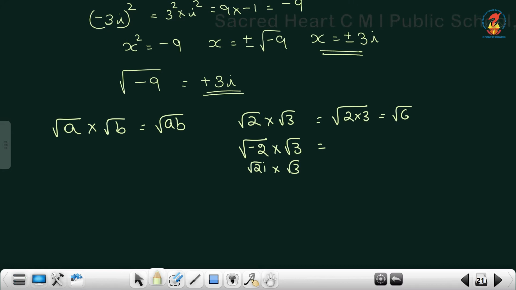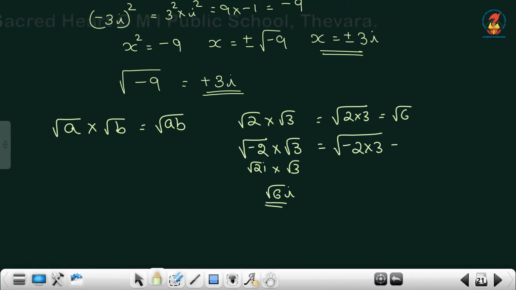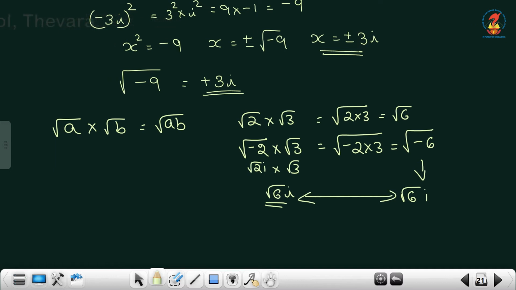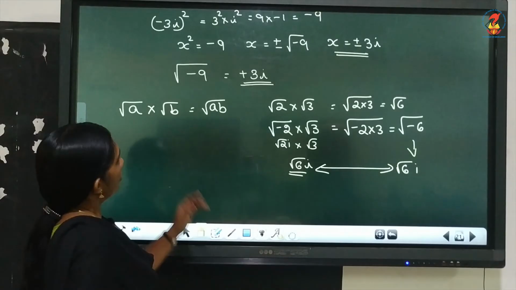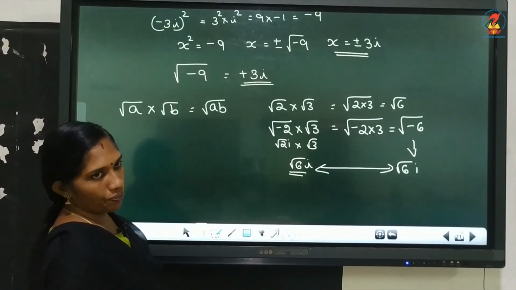So that is root 2 into root 3, that is root 6i. What about the right hand side? If we write together minus 2 into 3, that is equal to root of minus 6. That is same as root 6i. So these two are equal.